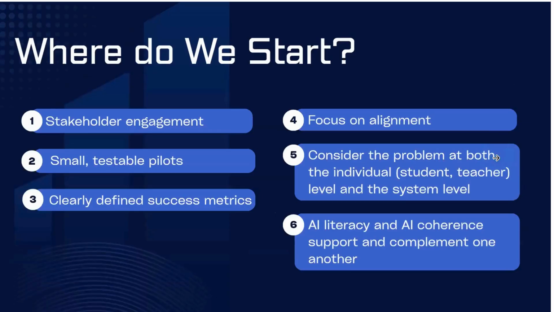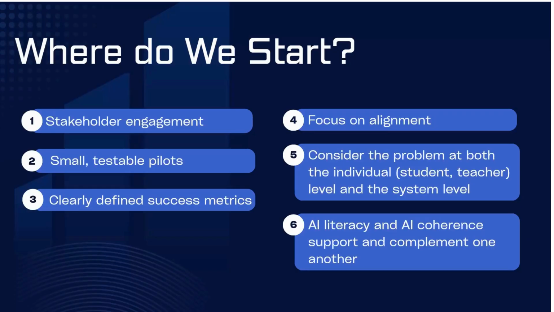So where do you start? If any of this has inspired you to think more about how AI can work in your organization, we recommend you start with stakeholder engagement. Students and teachers are really the people who know the most about this, and if you can work with them, develop small, testable pilots with clearly defined success metrics and a focus on alignment with existing goals, you'll be already half the way there.